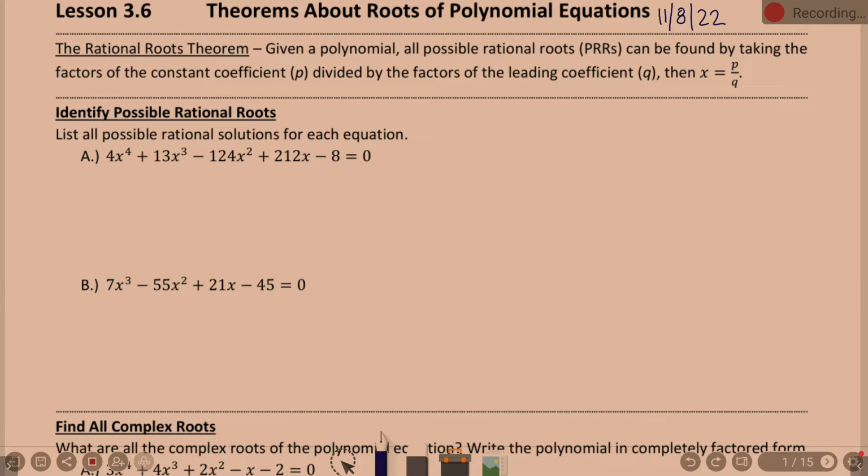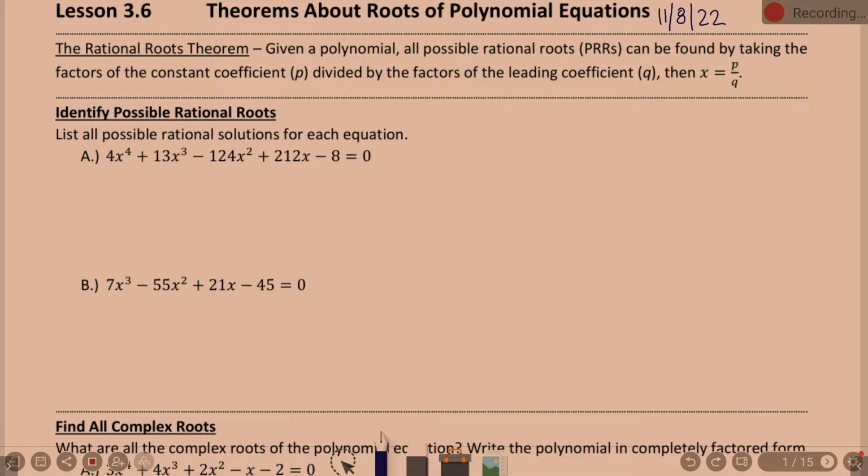And what this says is, given a polynomial, all possible rational roots, known as PRRs, can be found by taking the factors of the constant coefficient divided by factors of the leading coefficient.